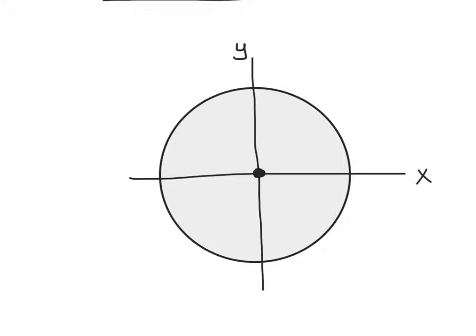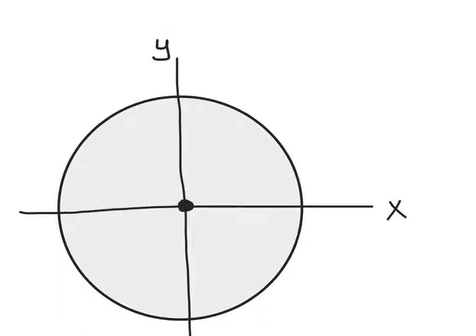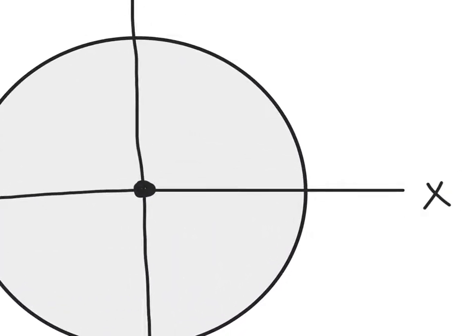The next thing that I want to do with my unit circle is label the angles in degrees. I'm going to start over here by the x-axis, where the unit circle intersects with the positive end of the x-axis. That point is 0 degrees.